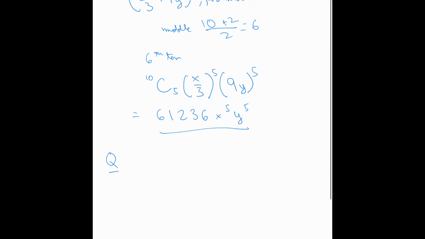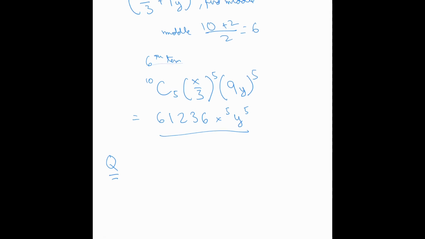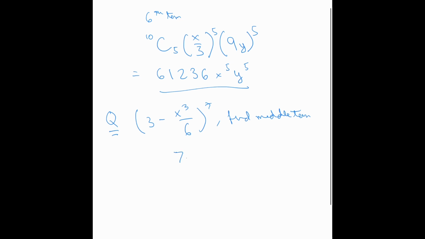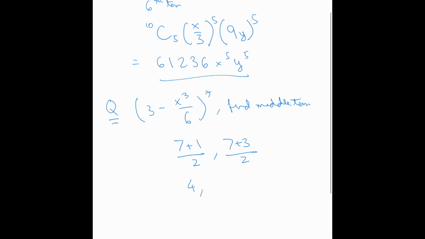Similarly, if I ask you to find the middle term in (3 minus x cube upon 6) to power 7, we know that 7 is an odd number, so the middle terms would be (7 plus 1) upon 2 and (7 plus 3) upon 2. In this case, the 4th and the 5th are middle terms.